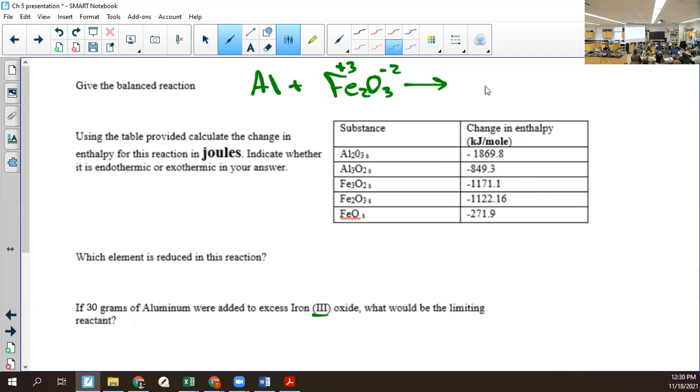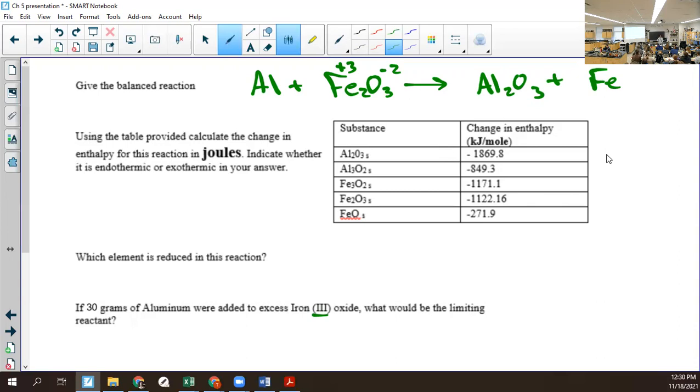Awesome job. Where aluminum is now with who? Oxygen. And who's left out? Iron. But remember, iron wants to be alone, right? So it was able to oxidize aluminum. Remember that stuff? I know that was forever ago, like a week.